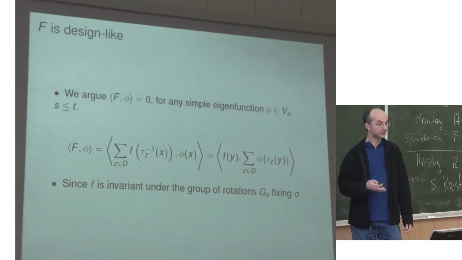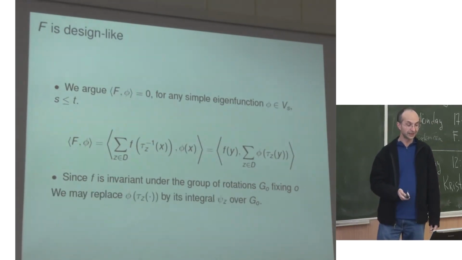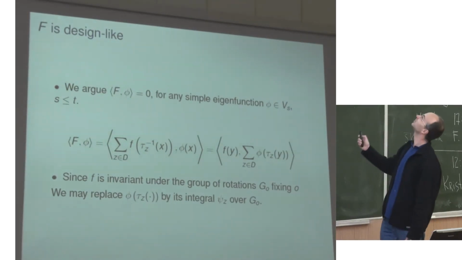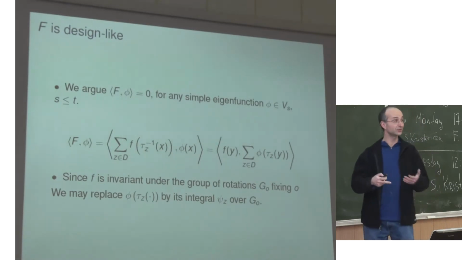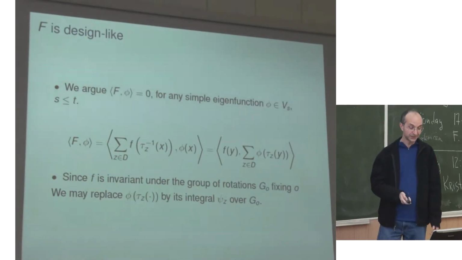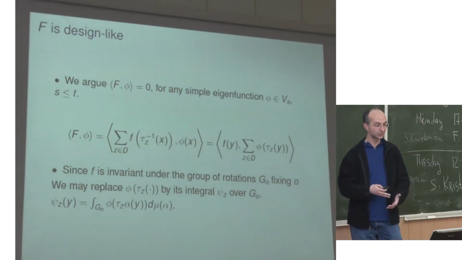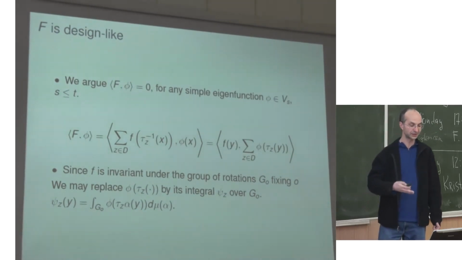So now F is invariant under the group of rotations which fixes O. Therefore, I can replace any of those functions phi by the integrals over this group, right? Okay, great. And this function psi, this is the definition, I integrate it over the group, right? So alpha runs through the group of rotations.